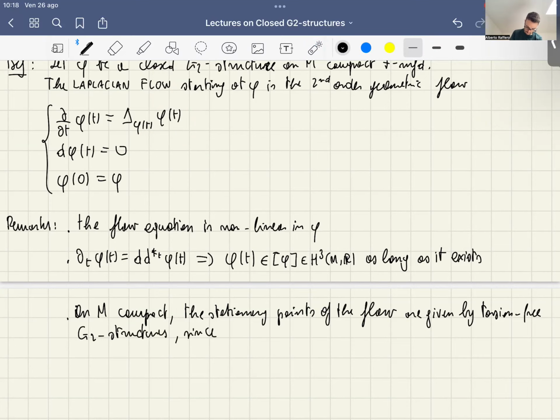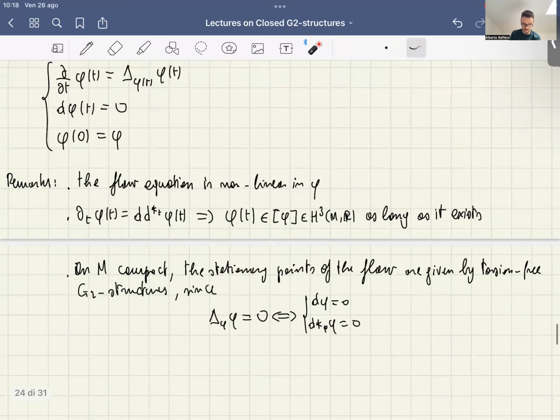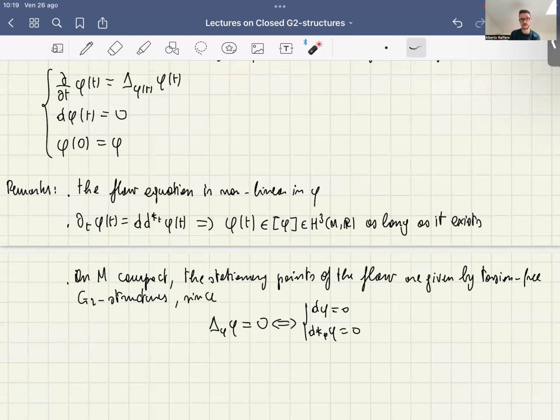Since they are defined by the equation requiring the Laplacian of the three-form to be 0, which on a compact manifold is equivalent to requiring that the three-form is both closed and co-closed. And so one expects that if the solution exists for all times, then when the time goes to infinity, the solution should tend to a stationary point of the flow and thus to a torsion-free G2 structure.